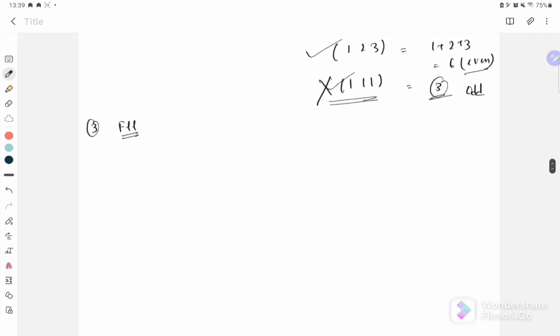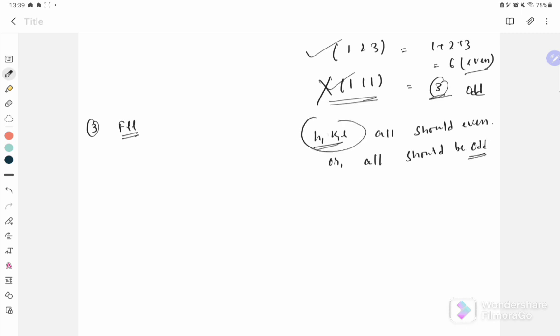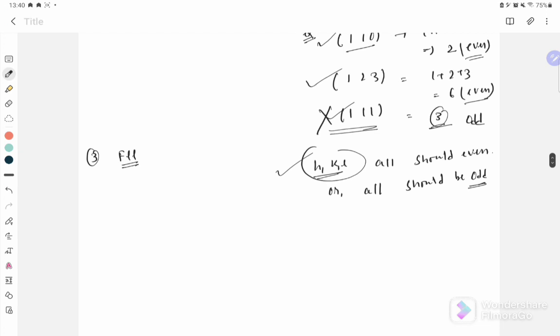For this lattice the selection rule is that H, K and L should be all even or all odd. So in the HKL plane, if H, K and L are all even or all odd, then only that plane will show the reflection in an FCC lattice.